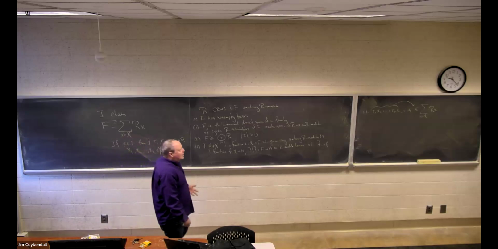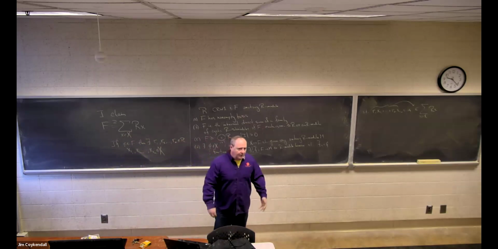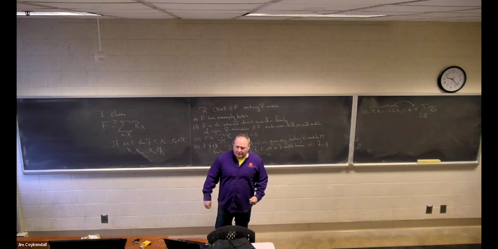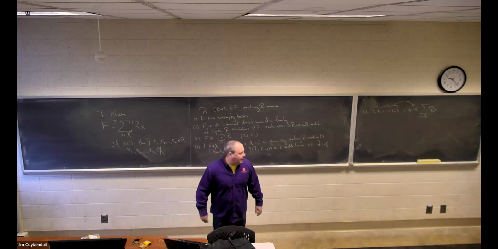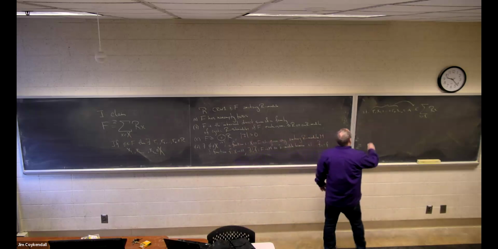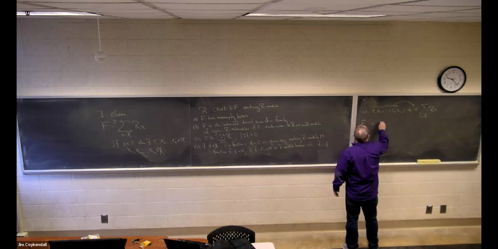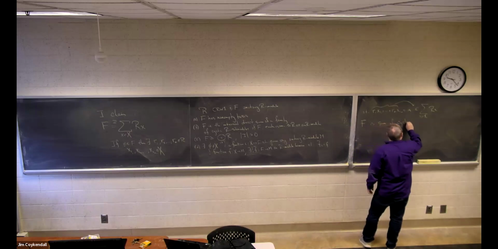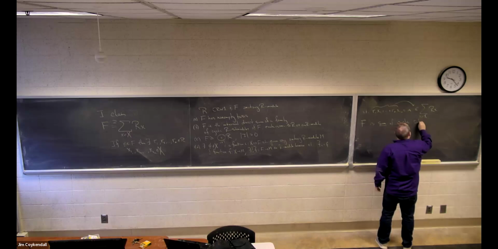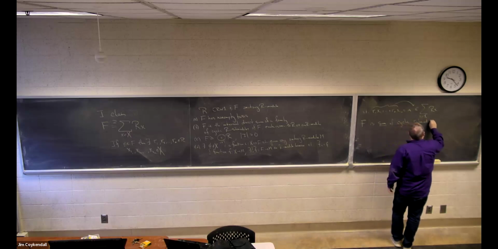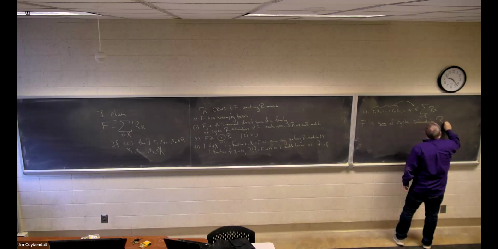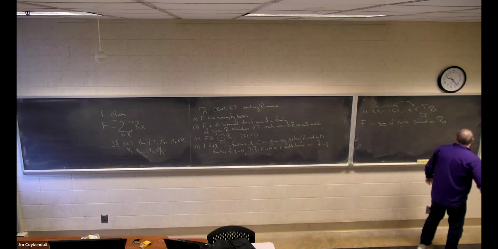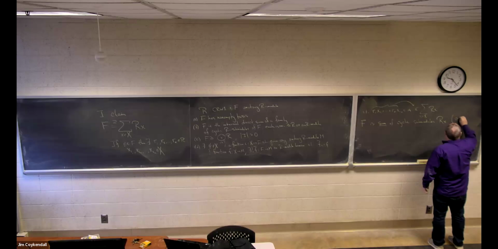Okay, so what I've shown so far is that F is a sum of cyclic submodules Rx. And this is why I did this earlier. These are all isomorphic to R as an R module.